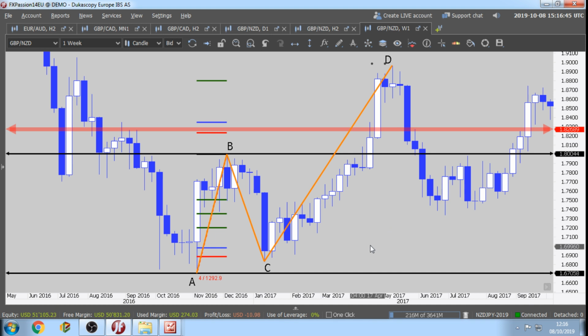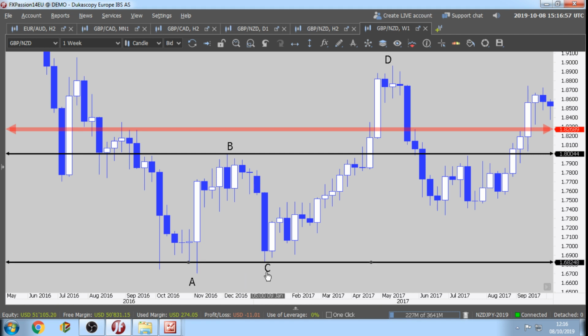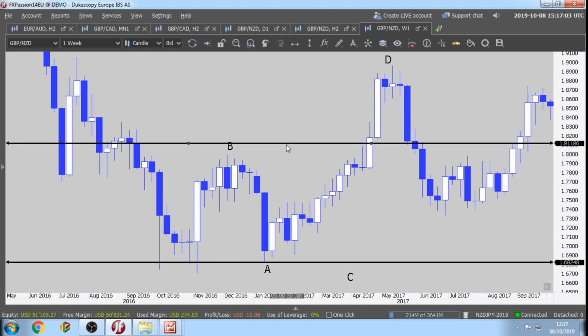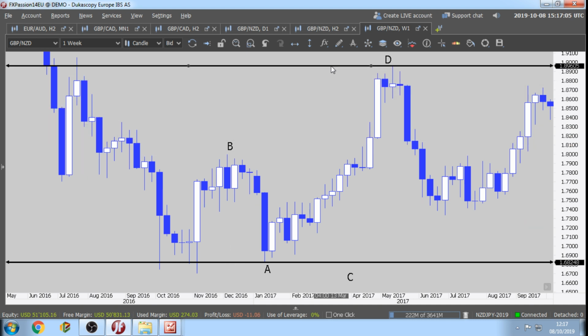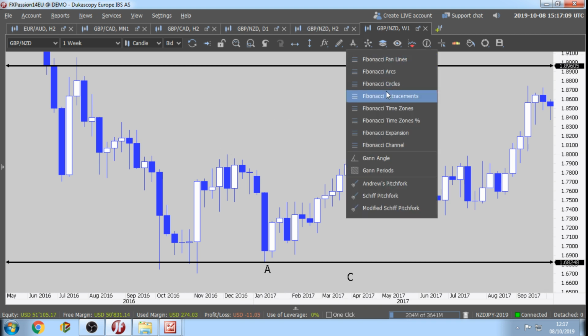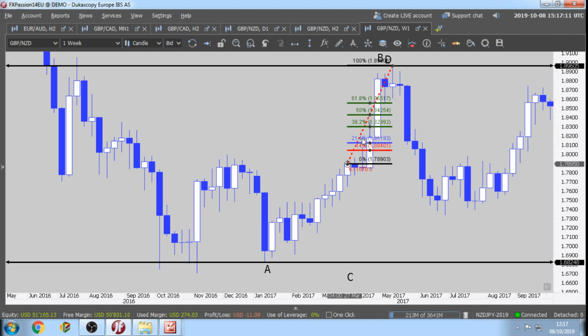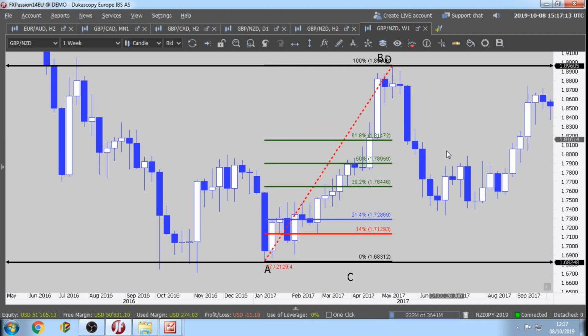Okay, now what we're going to do, we're going to delete the first Fibonacci, and we're going to move A goes to C. I just moved the horizontal line, and B goes up to D. I just move my B up to D, and I'm going to click Fibonacci retracement tool, and I'm going to connect the A to the B again.